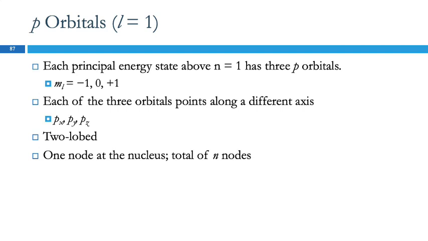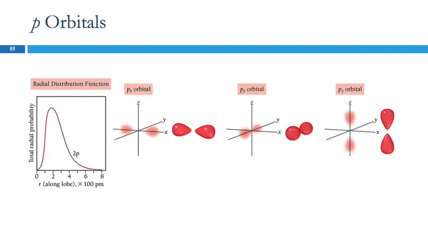So these 3 p orbitals are oriented on different axes relative to each other. This one has a node at the nucleus. This is aligned along the x-axis, this is along the y-axis, and this is along the z-axis. And of course, the atom is moving in space, but this is just them relative to each other.